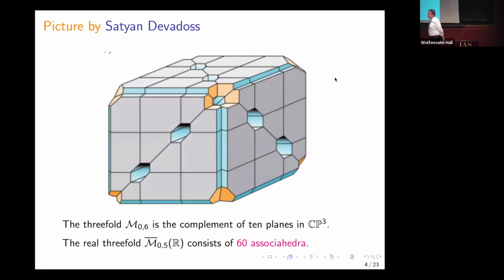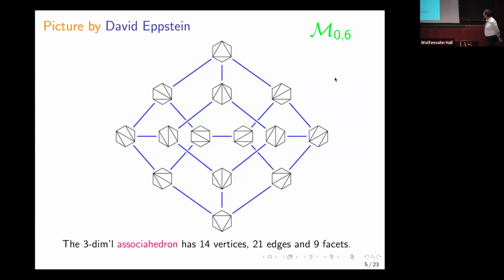So here's the same picture in 1 dimension higher. The moduli space M06, a 3-dimensional space, is the complement of 10 planes in 3-dimensional projective space, CP3. Now, if we concentrate on the real points, then this space is glued from 60 associahedra. So a 3-dimensional associahedron is a simple convex polytope with 14 vertices, 21 edges, and 9 facets.